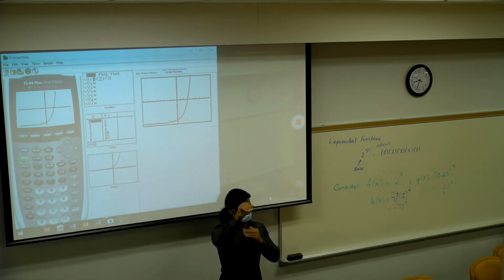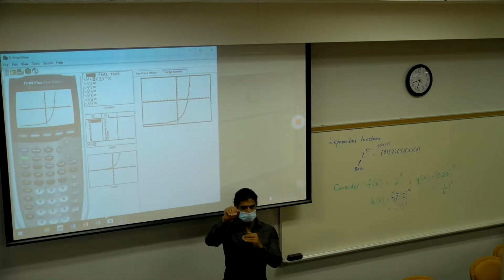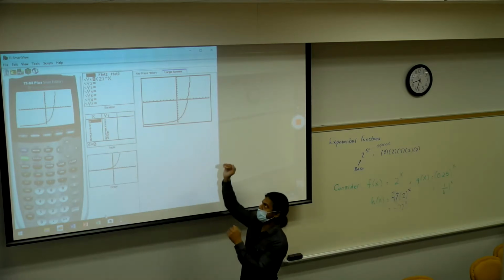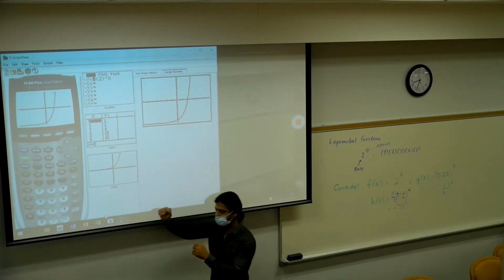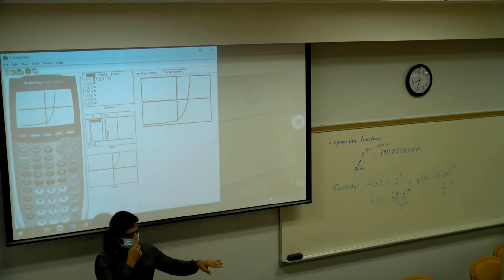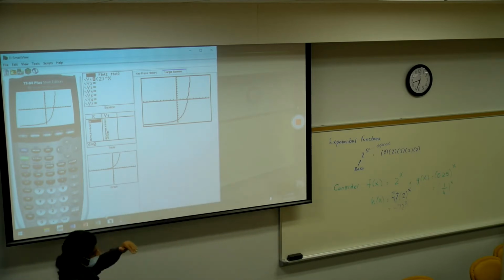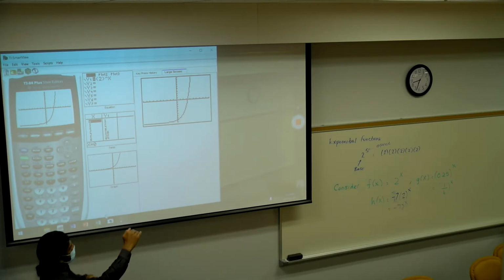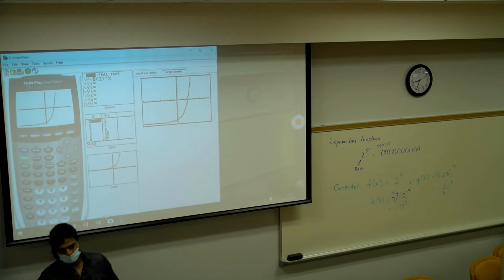A horizontal asymptote. The original exponential function had a horizontal asymptote along the x-axis. Now that I've shifted it by 10 below the axis, the asymptote is going along y equals negative 10.